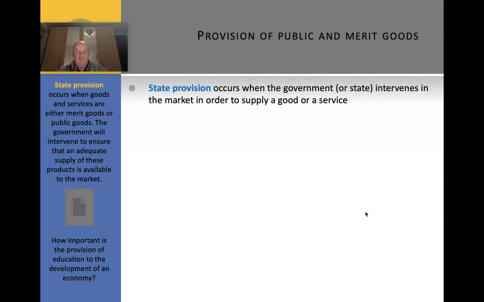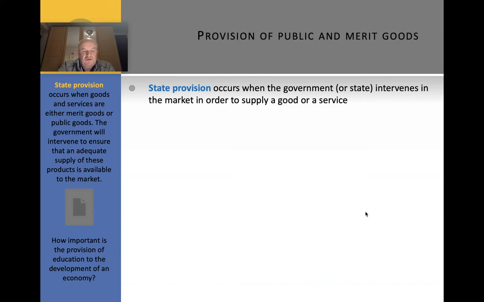So the view is that in some cases where the free market isn't going to provide for certain public goods and services, then the state will often intervene and actually provide it itself. And generally speaking, that's going to be where those services are merit goods or public goods.